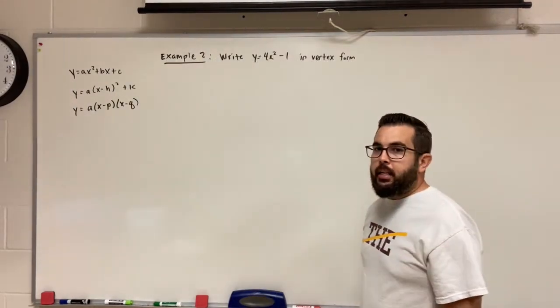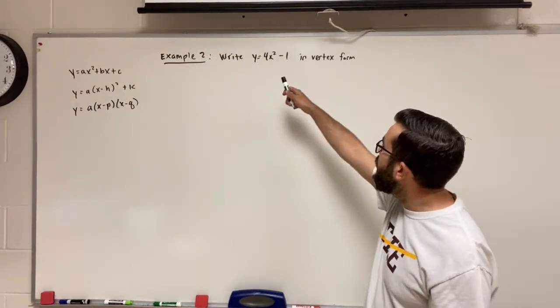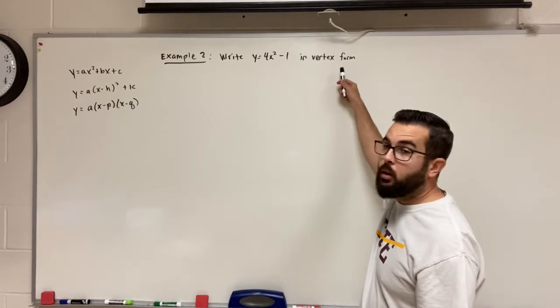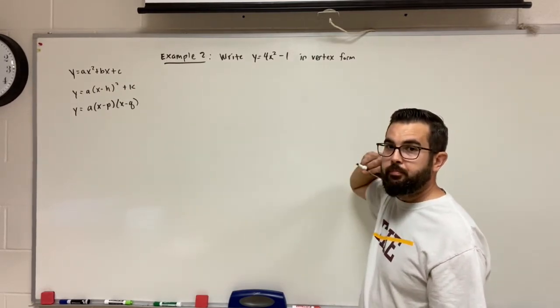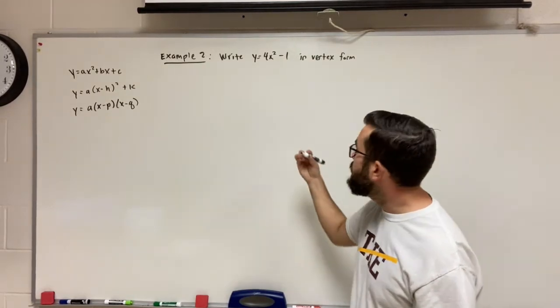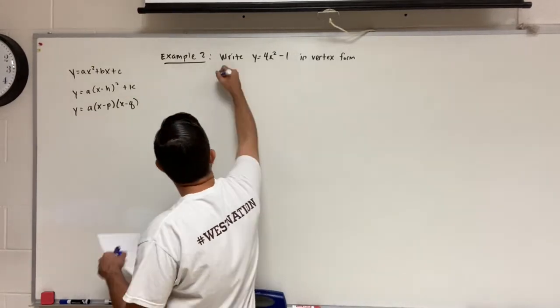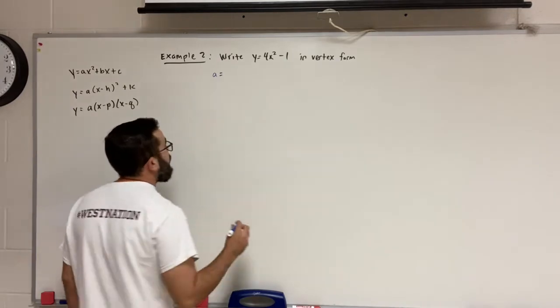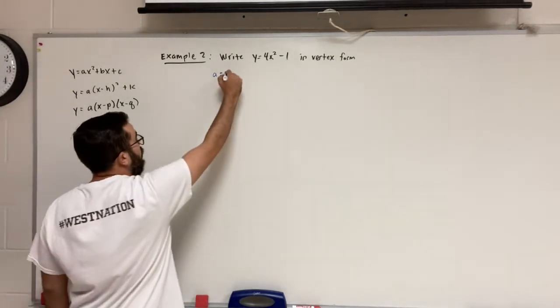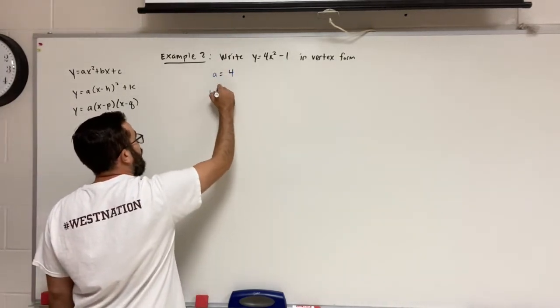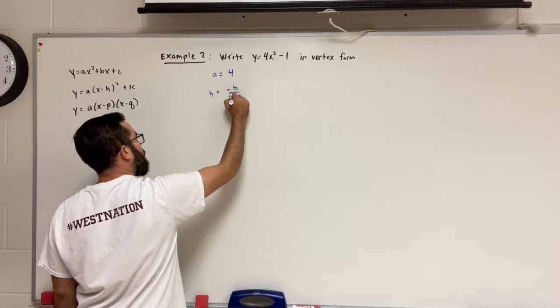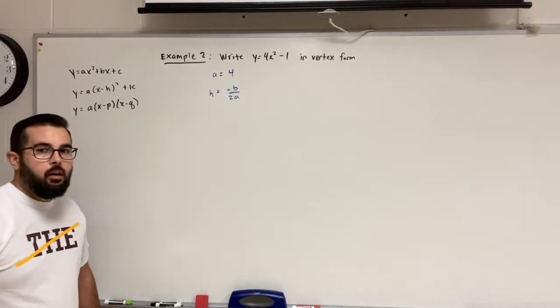All right, so second example. We want to write y equals 4x squared minus 1 in vertex form. Okay, so in vertex form, we need A, H, and K. So A is going to be 4. H is given by the expression negative B over 2A.